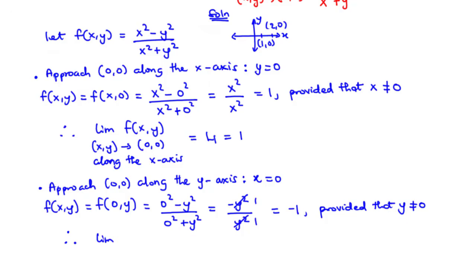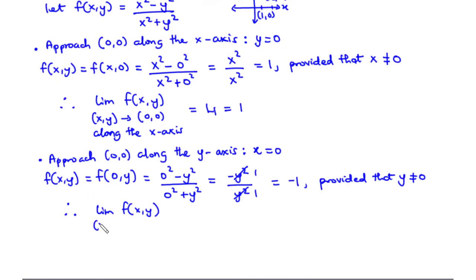Therefore, the limit of the function f(x, y) as (x, y) approaches (0, 0) along the y-axis, which is equal to L2, is equal to negative 1.